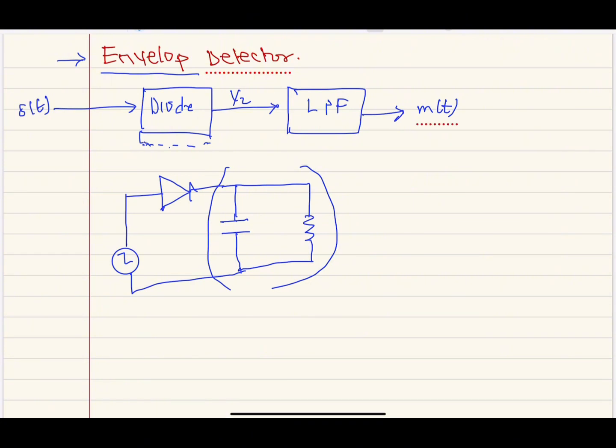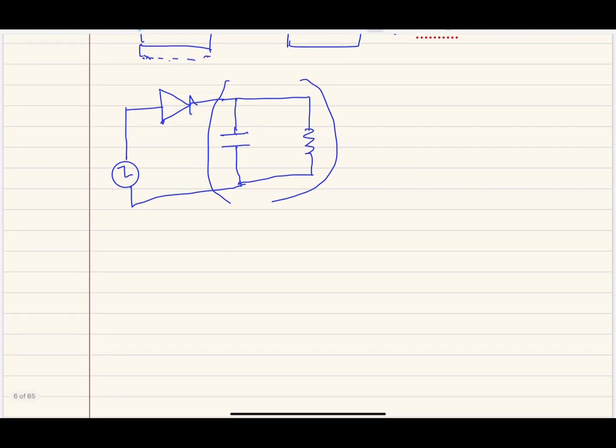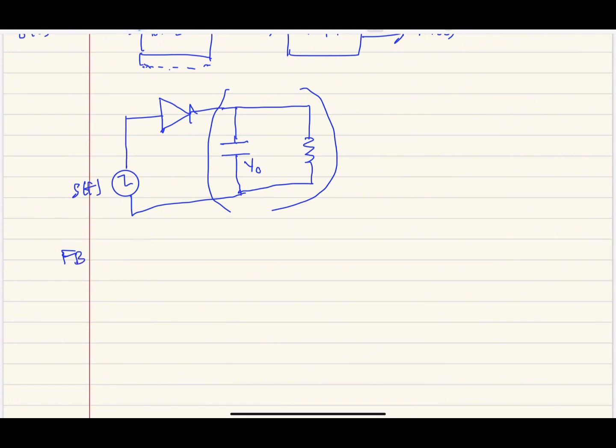And it works on the principle that during the forward bias, when S of T is greater than the voltage across the capacitor, there will be a forward bias. And therefore, this modulated AM wave will be charging this capacitor. At the point where the capacitor voltage becomes greater than S of T, this diode will be in reverse bias, and therefore this capacitor will be discharging through the load, which is the resistor.